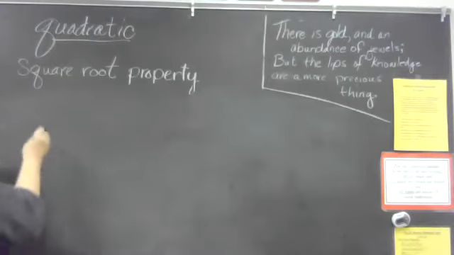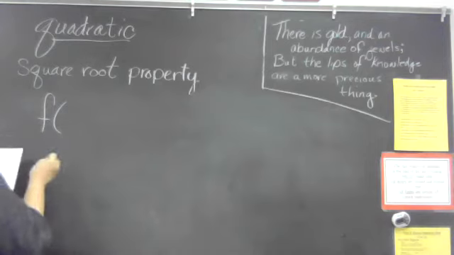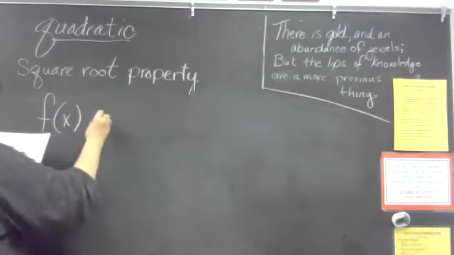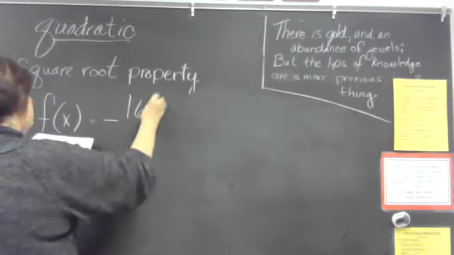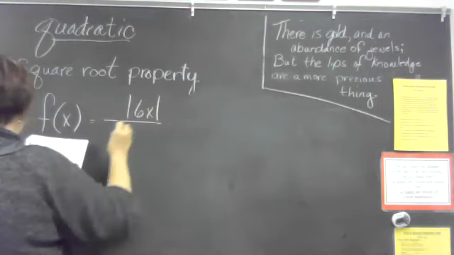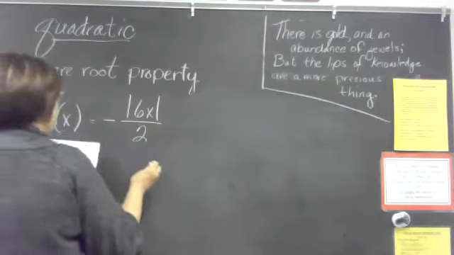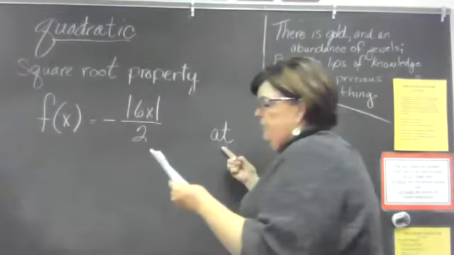So now they give us a rule on number 3, and they say our rule, we're naming it F again, f of x equals, has a negative, and on top, I have the absolute value of 6x, and on the denominator is 2, at means this is what I want you to plug in.